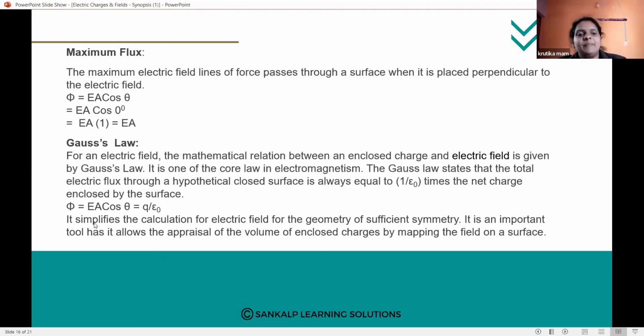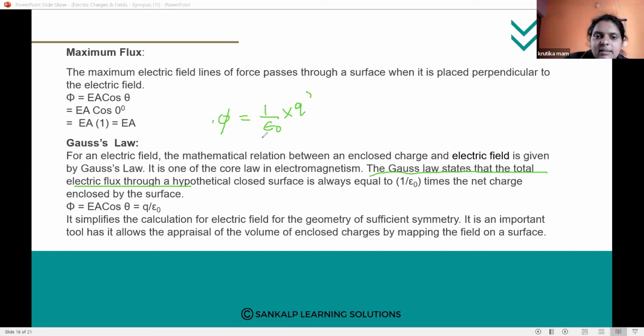Here you can see, it simplifies the calculation for the electric field. The Gauss law, look at the second line. The Gauss law states that the total electric flux for the closed surface is always equal to 1 upon epsilon naught times the total charge enclosed by the system.